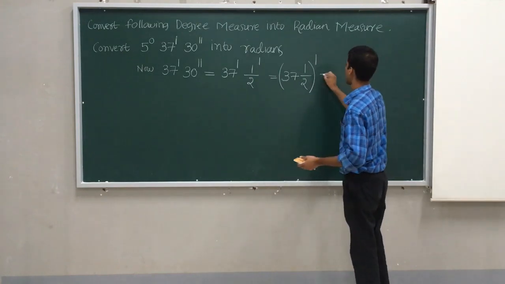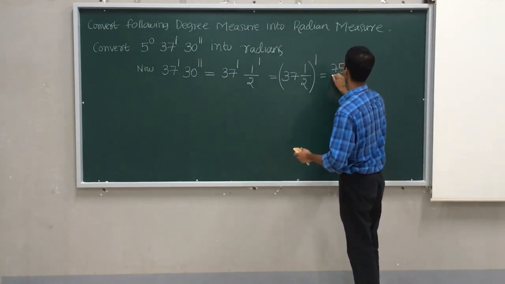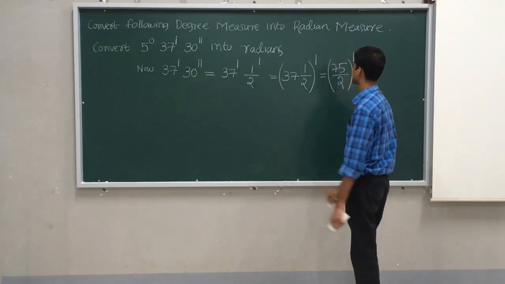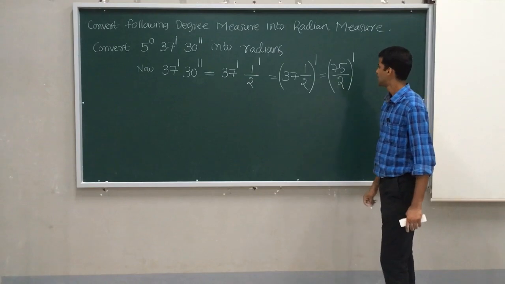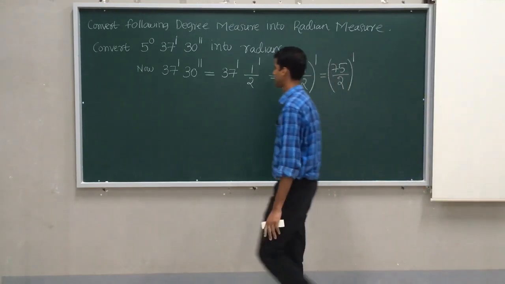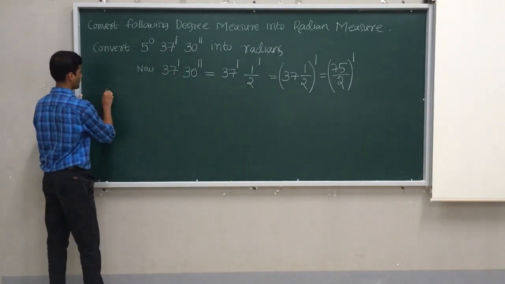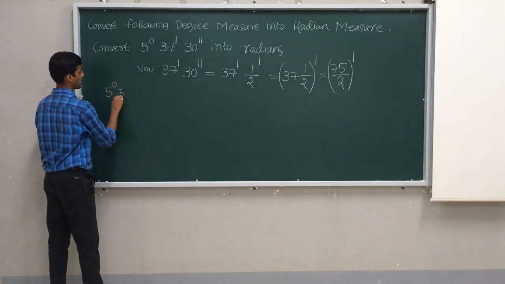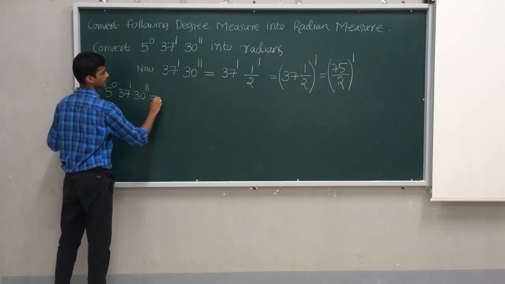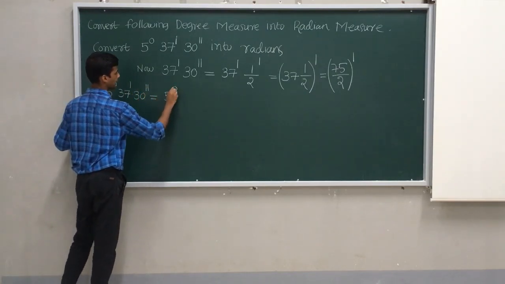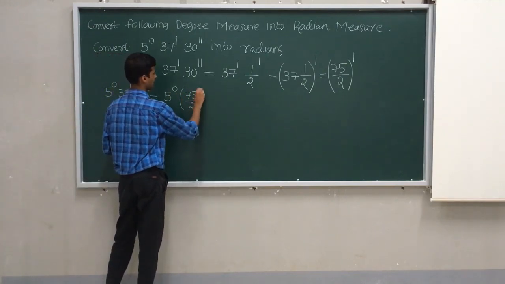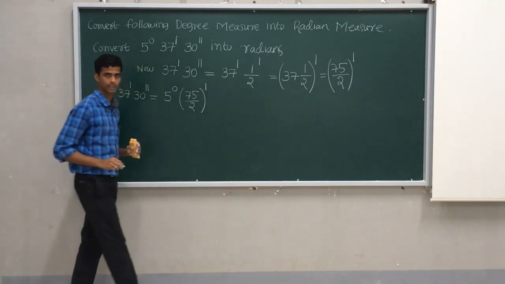Now 37 and half means 75 by 2 minutes. Yes. So with this 75 by 2 minutes, I can say 5 degree 37 minute 30 second is 5 degree and 75 by 2 minutes.